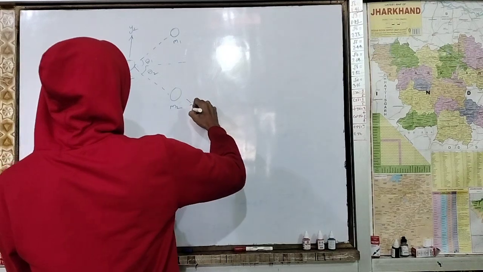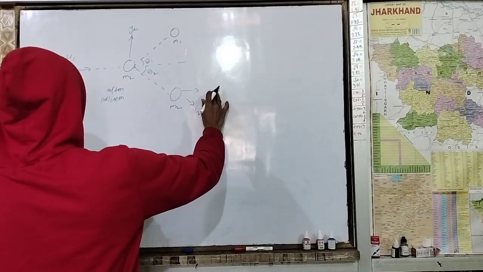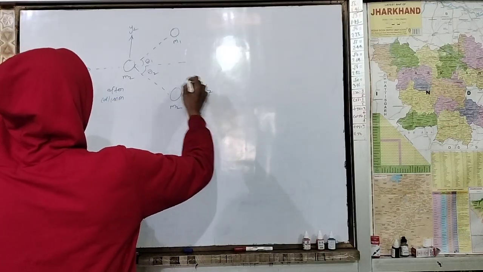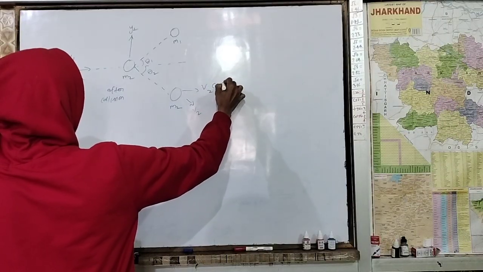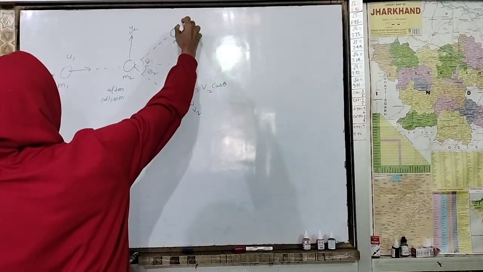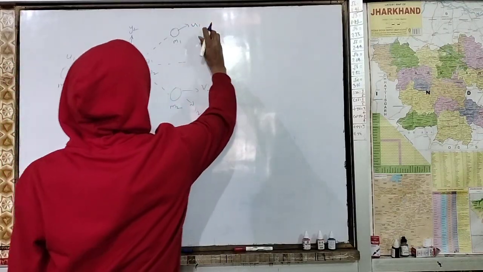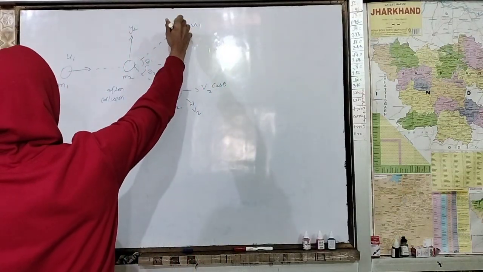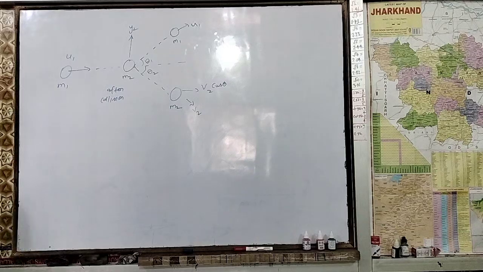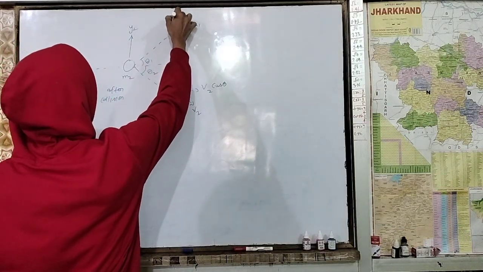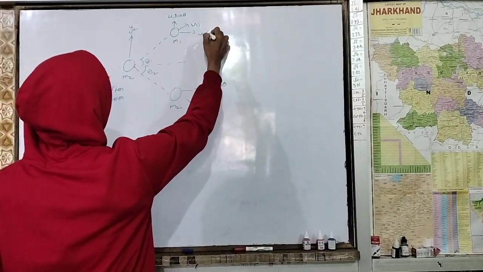With velocity v2 in this direction, this is our horizontal direction, v2 cos theta, one component of v2. M1 goes like this with velocity v1, with component v1 sin theta upward, and in this direction v1 cos theta. Clear?